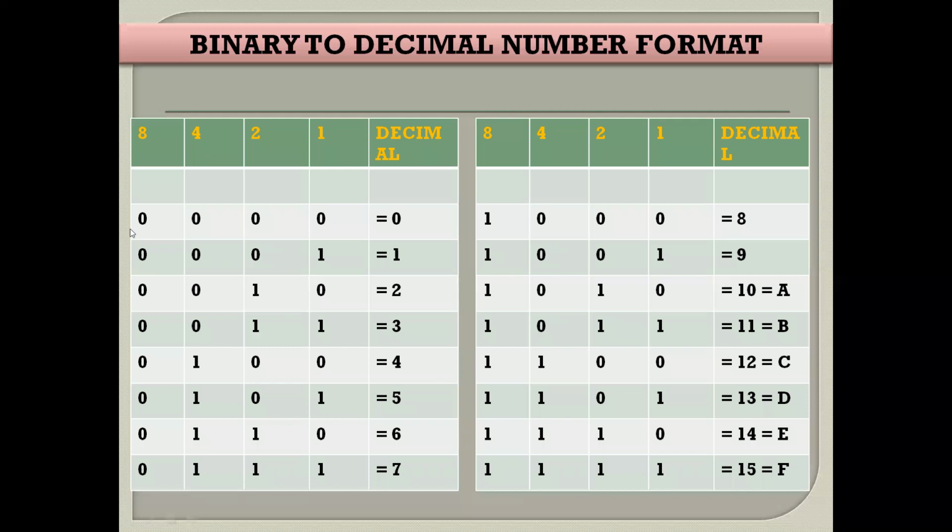Now see how we can calculate. If there are 0000, four zeros, then what is its hex equivalent? It is 0. Okay, see, 0001 is 1. 0010 is 2. Likewise, 0011 is 3.